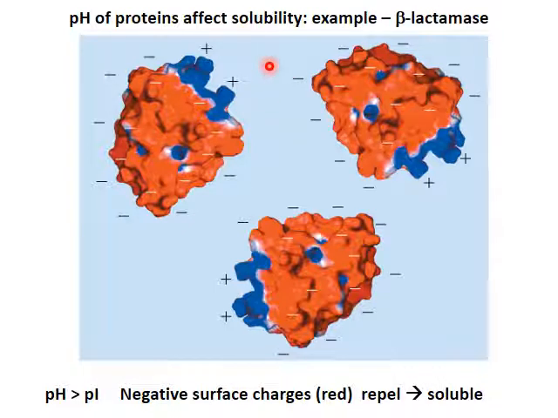Protein solubility is also affected by pH. So here's a different protein called beta-lactamase, and its surface potential will be different at different pHs as well. So if we have the pH of the solution greater than the pI for beta-lactamase, the molecule is going to be more negatively charged, as shown here.